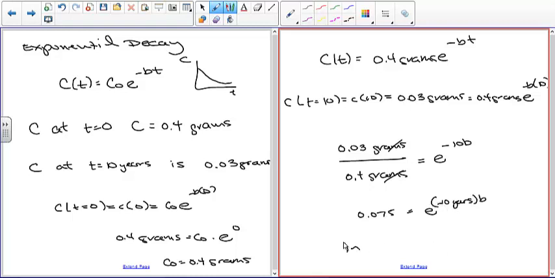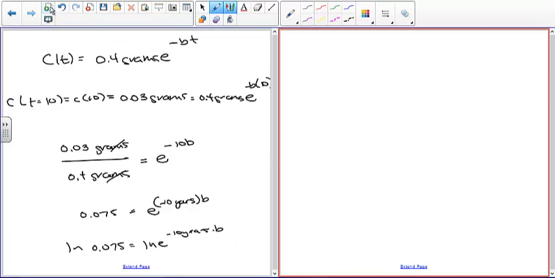Okay, so you take the natural log of both sides. Natural log of e to the minus 10 years times b. So the natural log of 0.075 is going to be a negative number. So you get negative 2.5903 equals negative 10 years times b.